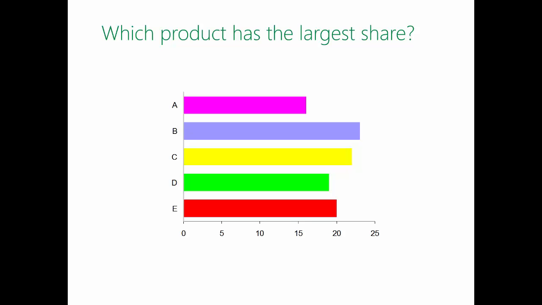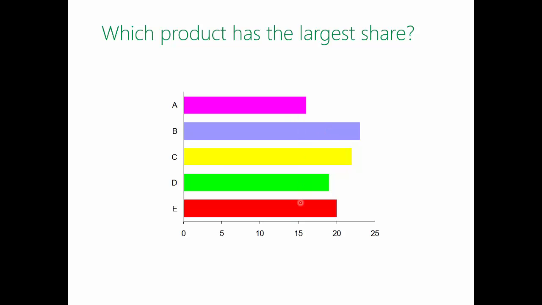I'm certain that everybody would tell me the correct answer, which is product B. So product B actually got the smallest amount of your answers. Most of you thought that all the shares are equal, but here in the bar chart, we can definitely see that the shares are not equal. Actually, they're quite different. There's a huge difference between B, A, and so on.